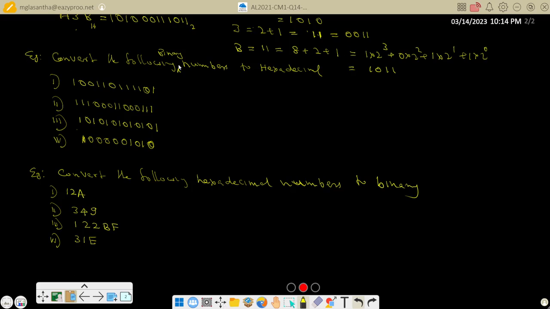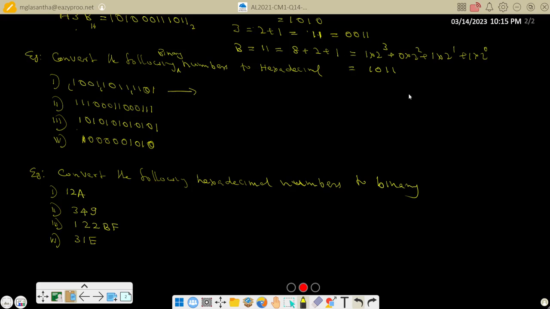If you take the first one, this one, you separate into 4-digit bundles, like this, 4-digit bundles. What is the 4-digit? What is 1001?